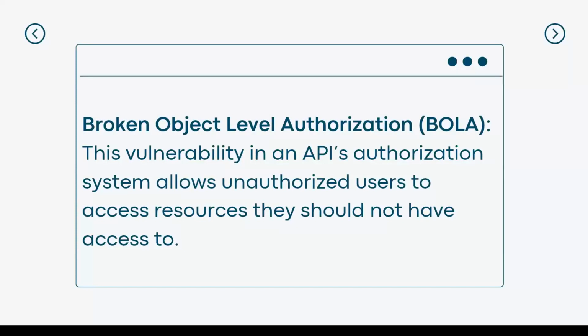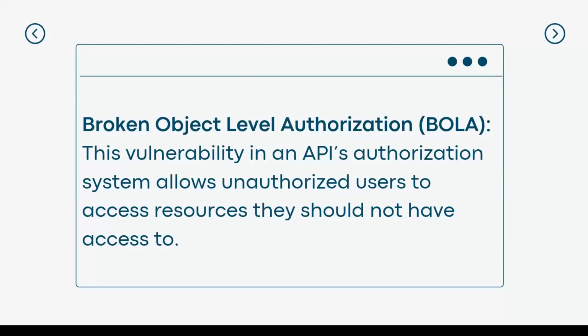Imagine user A or buyer A is able to see the product that was purchased by user B. That is broken object level authorization.